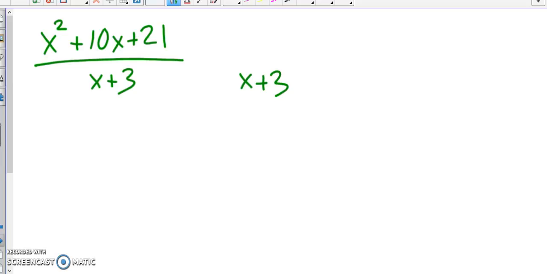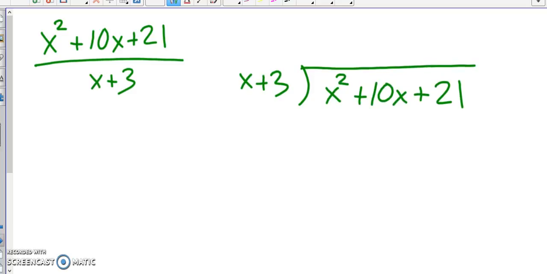So I got x plus 3, and this will be x squared plus 10x plus 21. And remember, the key is to look at this first piece right here and that first piece right there. You say to yourself, self, what would I have to multiply x by to get x squared? X. I'm glad you answered yourself out loud.